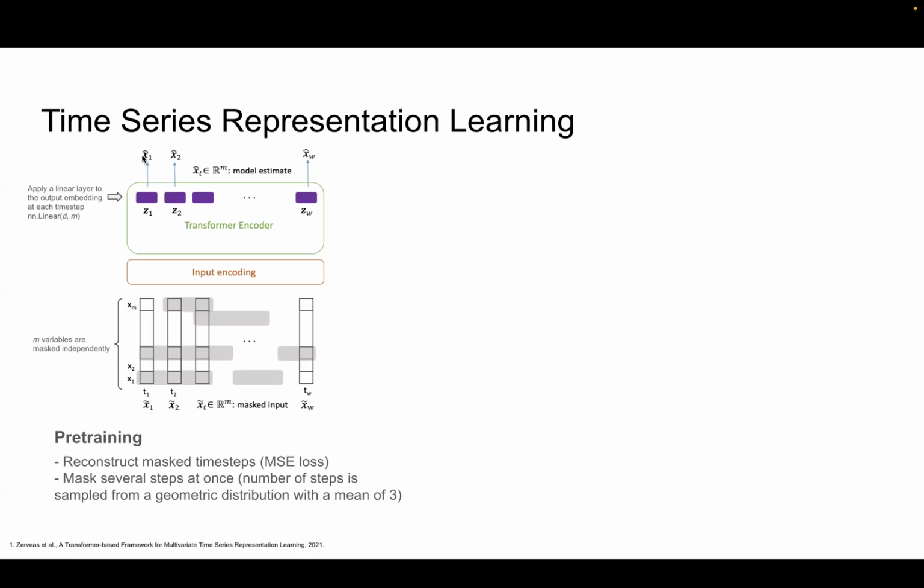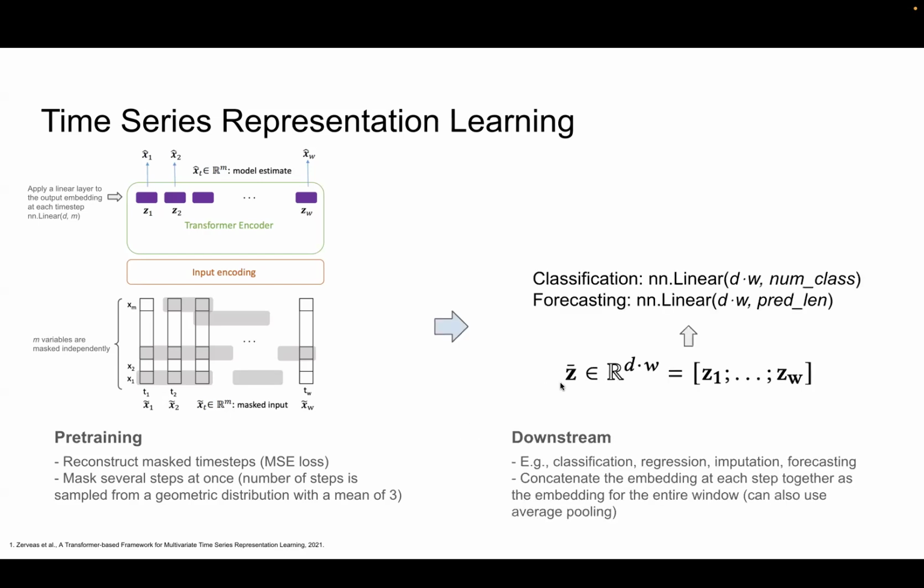So ideally, we will want x1 hat to be as similar to x1 as possible. And we'll do that via the MSE loss. And this is what we do during the pre-training time.